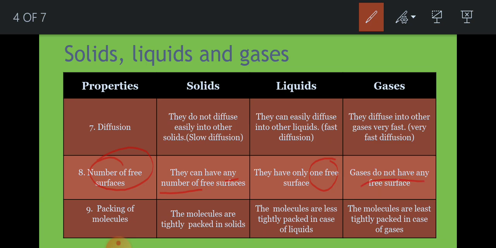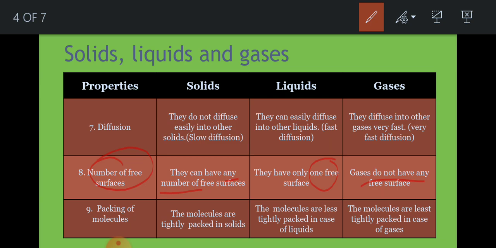Now let me tell you this one first, that is in case of solids, why they have any number of free surfaces. Solids can have any number of free surfaces, that is they have infinite number of surfaces because they have infinite number of shapes, and since the molecules are tightly packed, they generally do not flow.